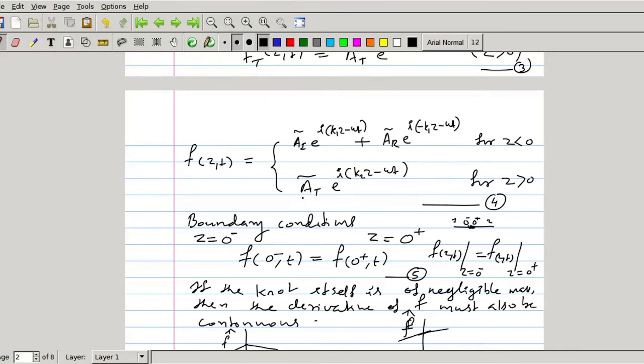Now the transmitted term is A_t e raised to I(k2 z minus omega t) into I k2, and we equate these two differentials at z equal to 0. At z equal to 0, this term becomes 0.